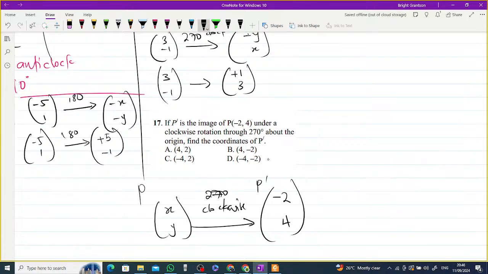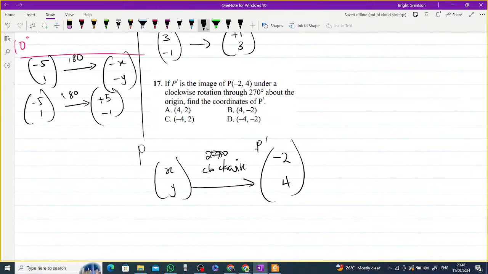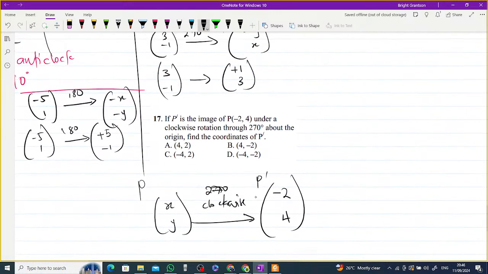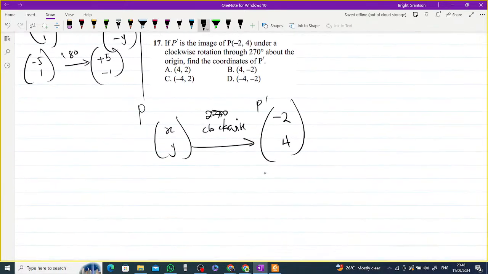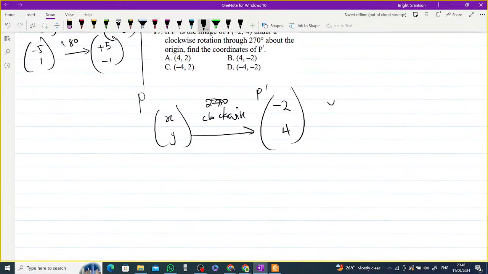Now we know that anytime we are given 270 degrees clockwise, the answer will be (y, -x). So if this y is positive, this y will come down as negative 2.